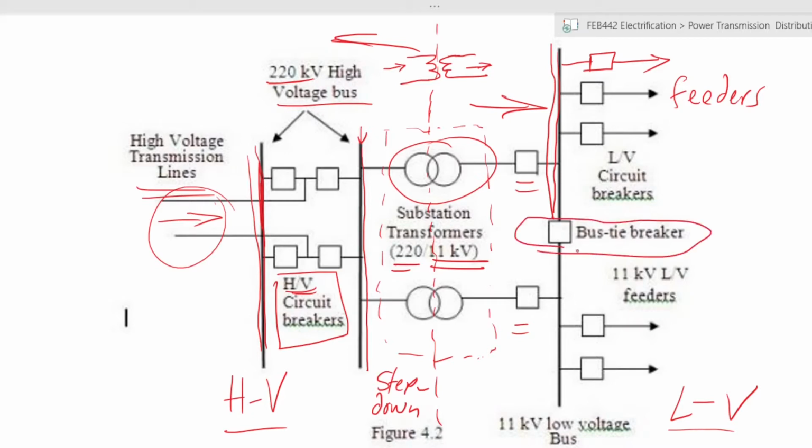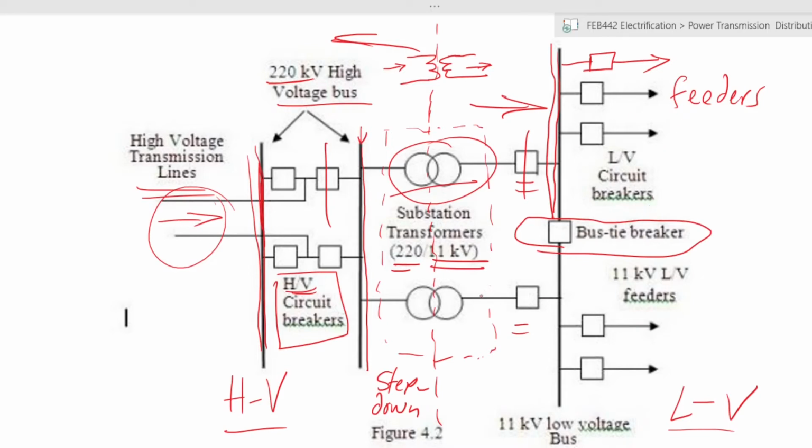If you would want, for various reasons, you may decide to isolate the two buses from each other. You can have a substation which has 2 or 3 systems that are isolated from each other. Once again, this is a form of redundancy, whereby in case there's a problem, say with this transformer, you can cut off this transformer at these 2 points, you disconnect the circuit breakers, and you have your feeders not being supplied.